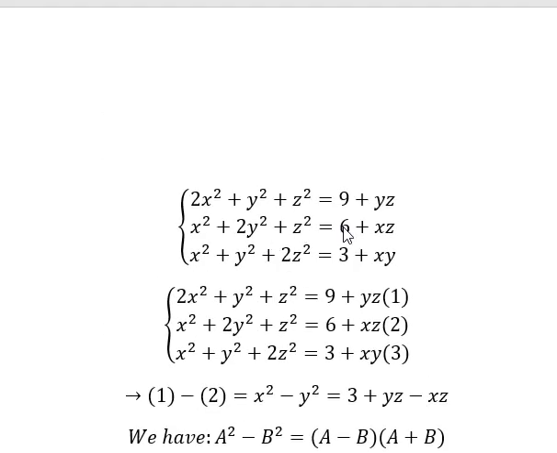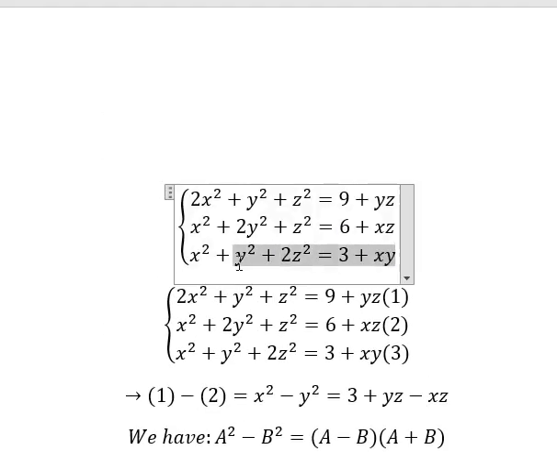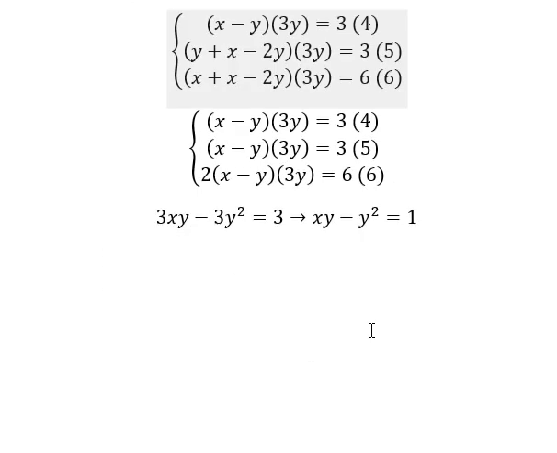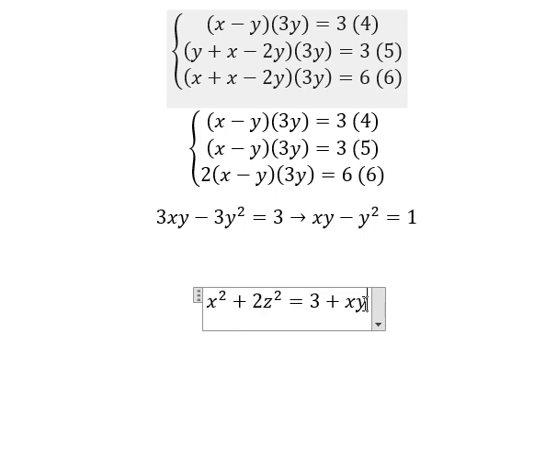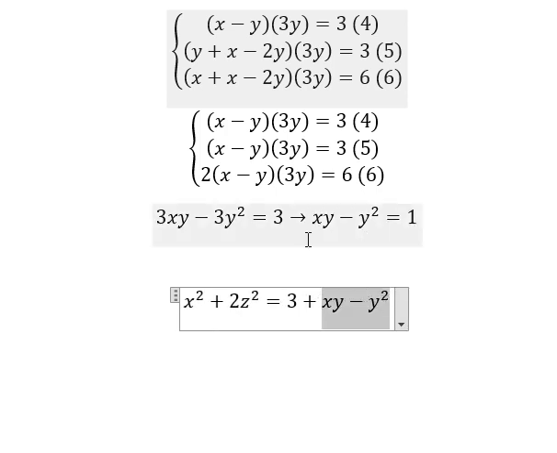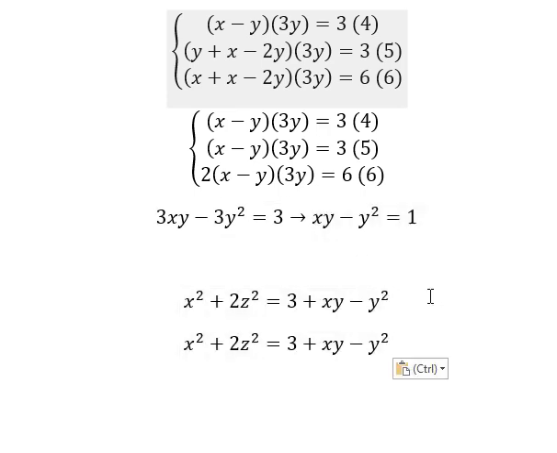Now I select this equation. So if I put this one in here, we can see that this one is similar to this one, so we can transform it into number 1.